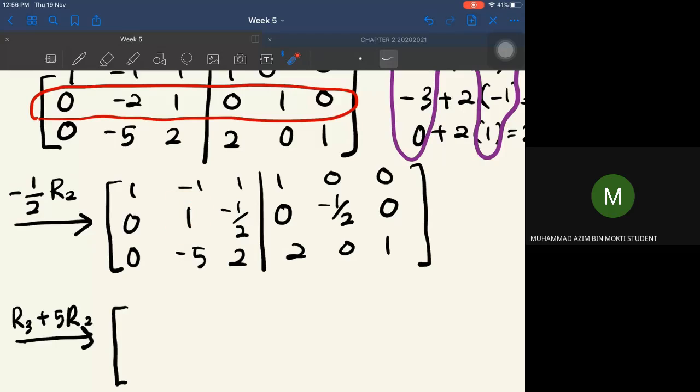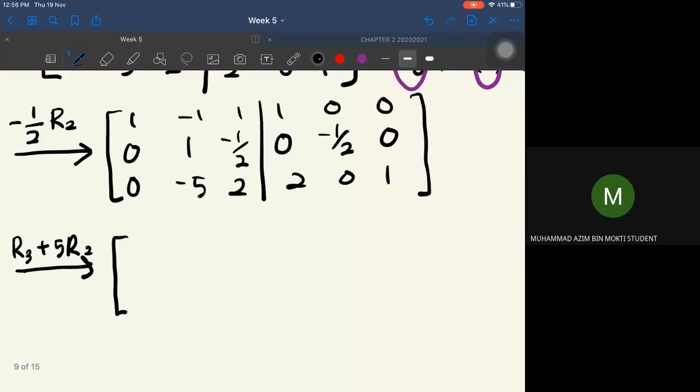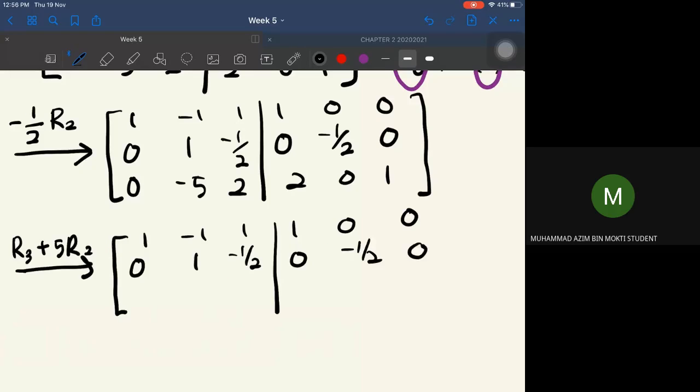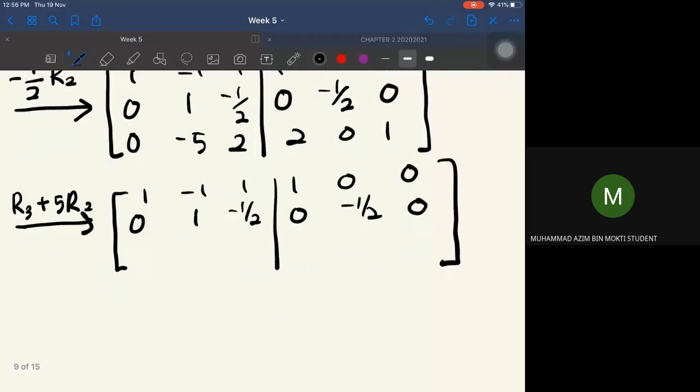Okay. So, row yang berubah adalah row yang ketiga. So, salin dulu row 1 dengan row 2. 1, negatif 1, 1, 1, kosong, kosong. Kosong 1, negatif 1 per 2, kosong, negatif 1 per 2, kosong. Okay. So, sekarang row 3. So, you ada operation R3 tambah 5R2.